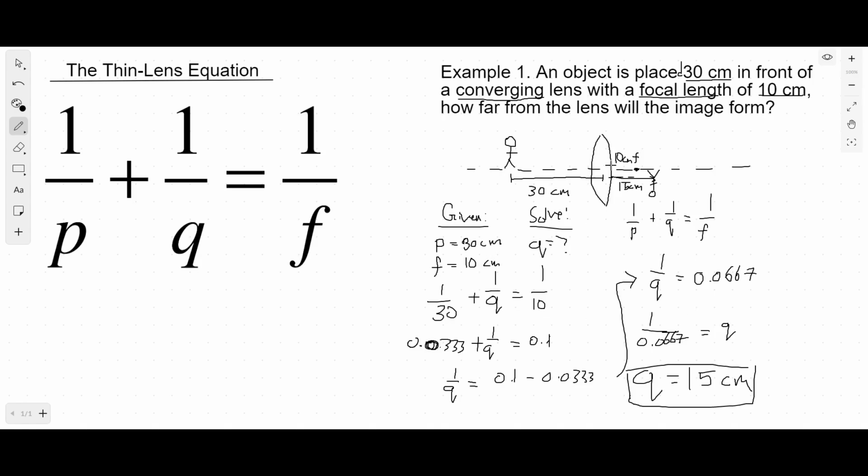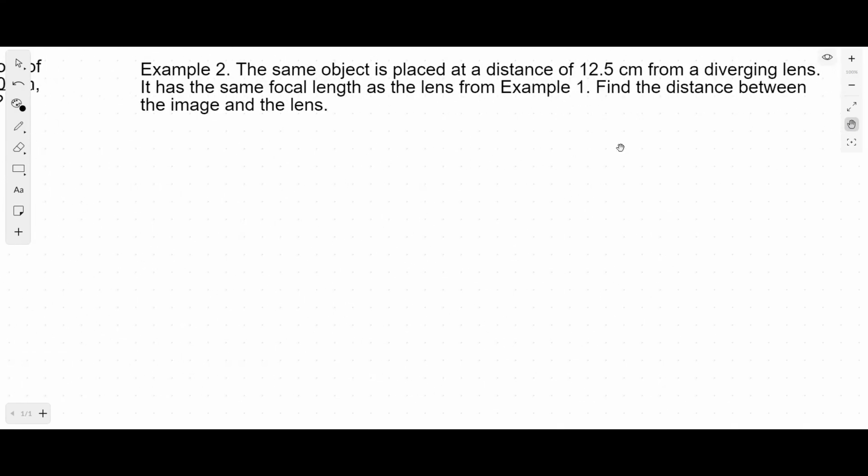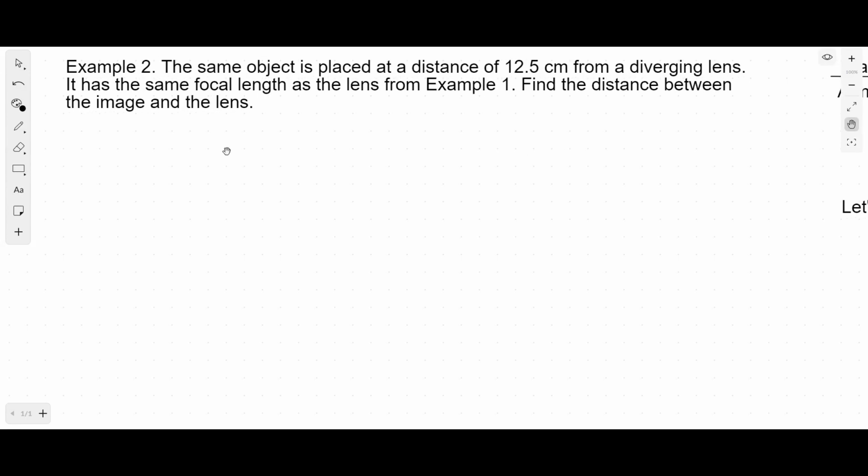Let's do this once more for a concave lens and just see how it plays out a little bit differently. Here it says, the same object is placed at a distance 12.5 from a diverging lens, or a concave lens. It has the same focal length as the lens from example 1. Find the distance between the image and the lens. Because we have a diverging lens, it's going to be drawn like that.